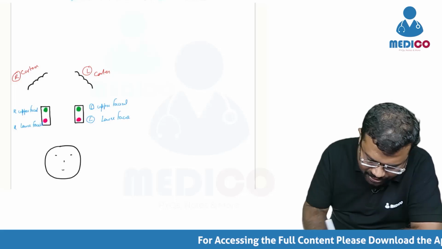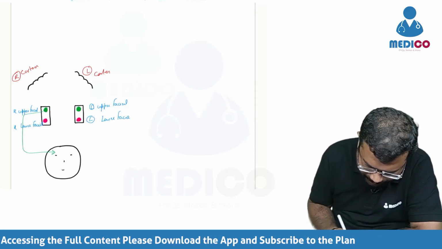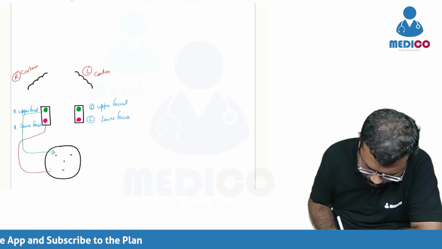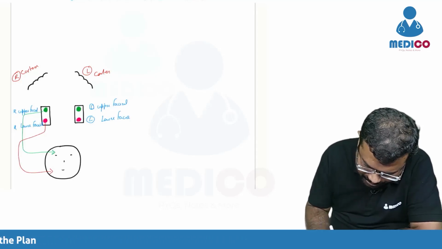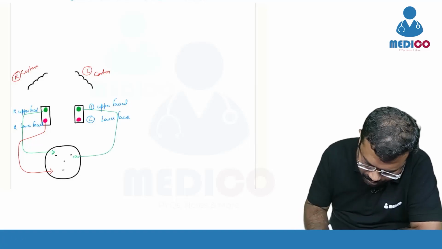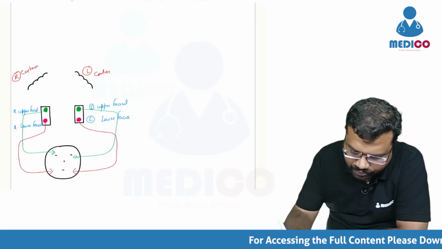The right upper facial nucleus will control the right upper face, and the right lower will control the right lower face. Same for here also. The left lower will control the left lower face.